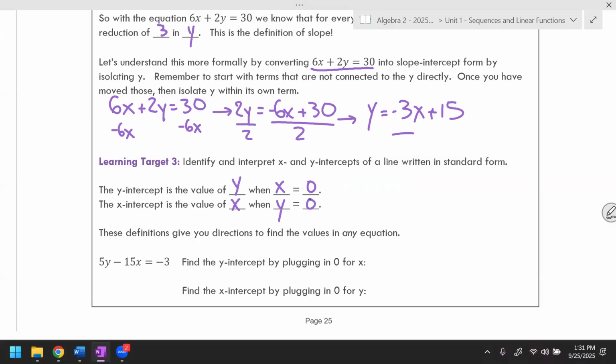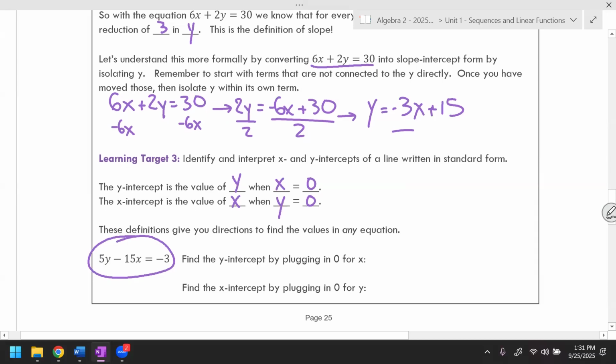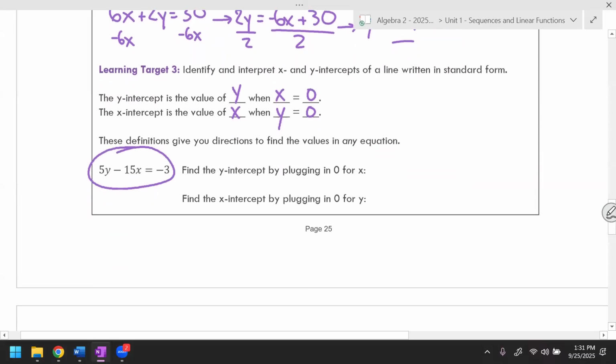Let's try it here. Here's a new equation in standard form. In order to find the y-intercept, we'll plug in 0 for x, just like you said. So here's our x. Let's just replace it with a 0. 5y minus 15 times 0 equals negative 3.